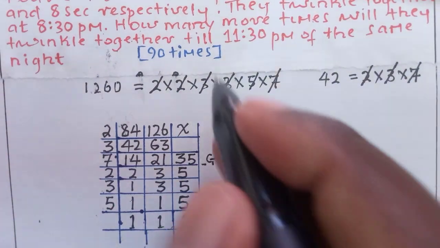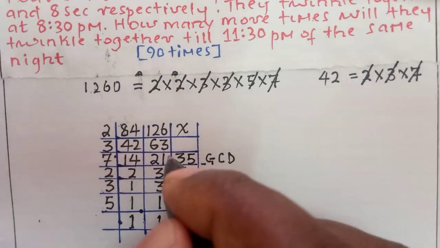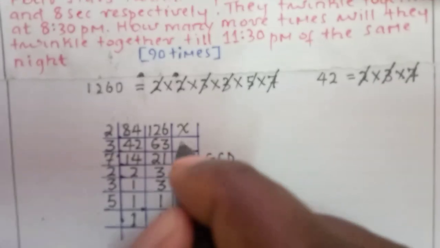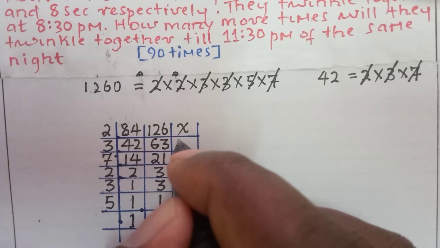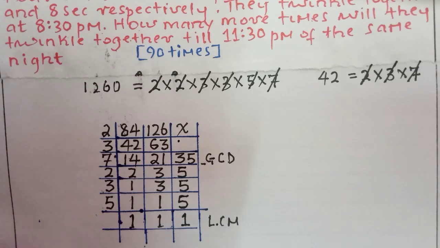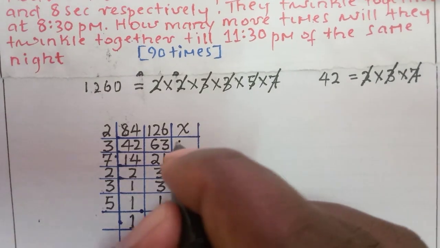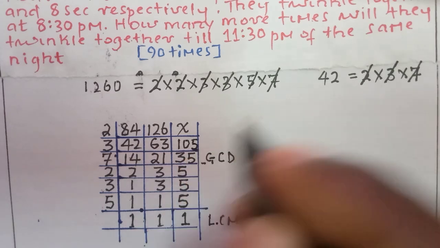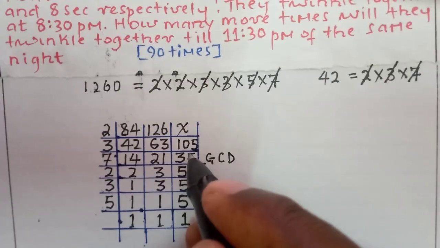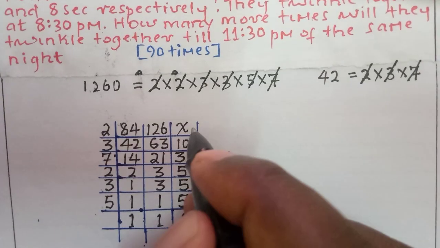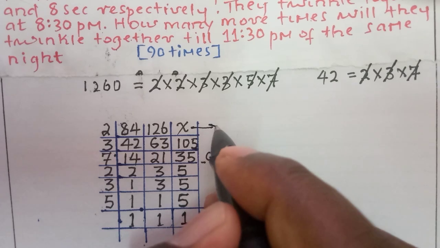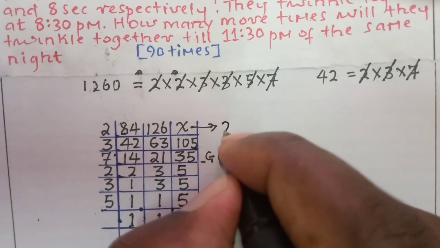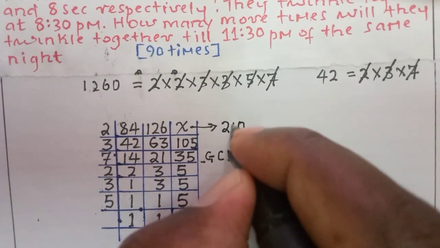Let me see, guys. It is actually 105. And finally, I can multiply by 2. Now, our x then is going to be 210.